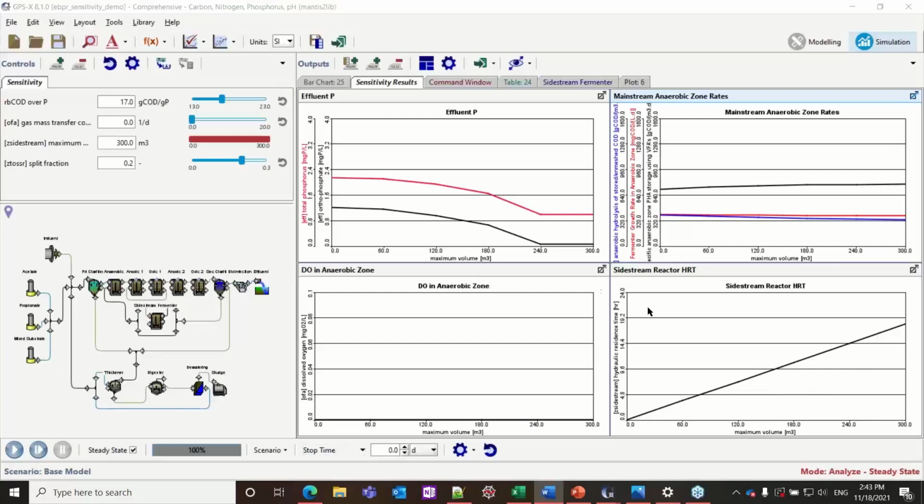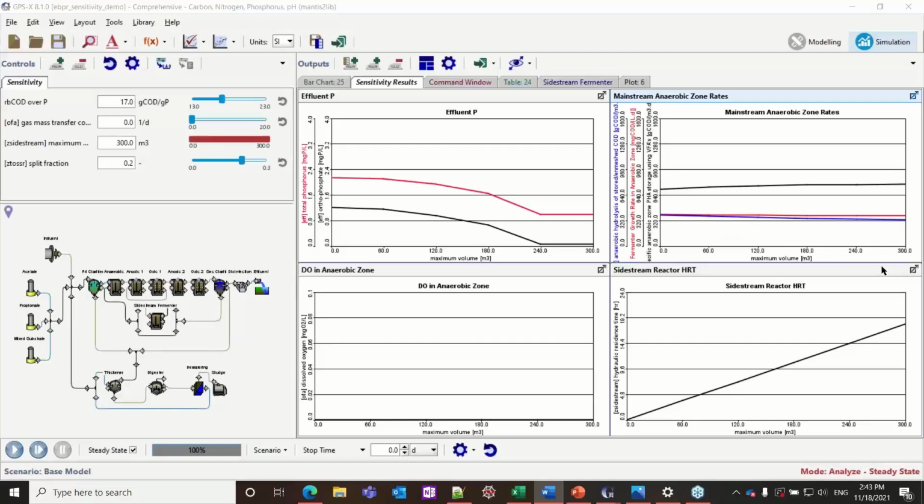Okay, so looking at the results here, it's basically as we would expect. The total and orthophosphate concentrations are decreasing as we increase the size of the side stream reactor. And then obviously we're seeing that increase in the side stream reactor HRT. With the anaerobic zone rates, there's not a whole lot of change, but we do see a slight drop-off in the hydrolysis and fermentation, so that's the red and blue lines.